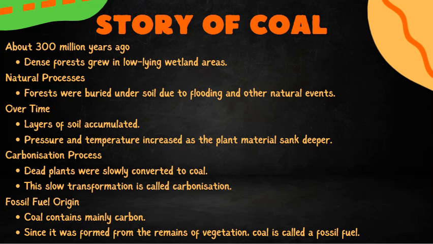Now, these forests were buried under the soil due to activities such as flooding and other natural events. Layers of soil accumulated above this, and under high pressure and temperature, this plant material sank deeper. Eventually, under slow transformation, they converted to coal, and this process is known as carbonization.